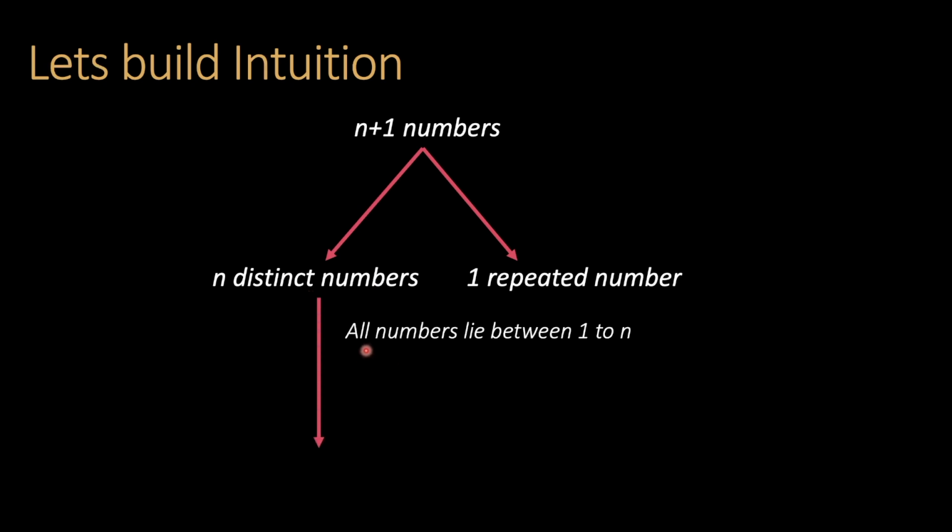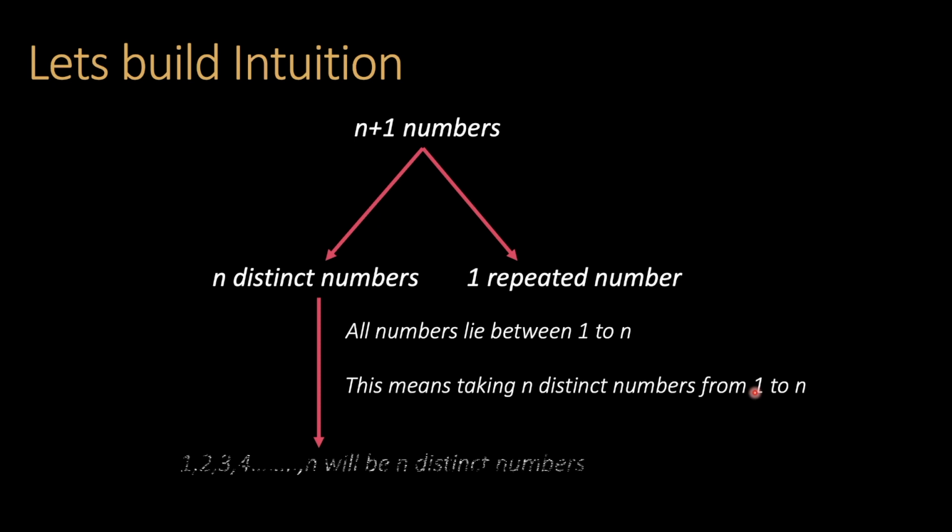What we are given is that all numbers lie between 1 to n. So we have n distinct numbers and all these n distinct numbers lie between 1 to n. This means we need to take n distinct numbers from 1 to n. That's the only way to satisfy this criteria that we have n distinct numbers and all lie between 1 to n.